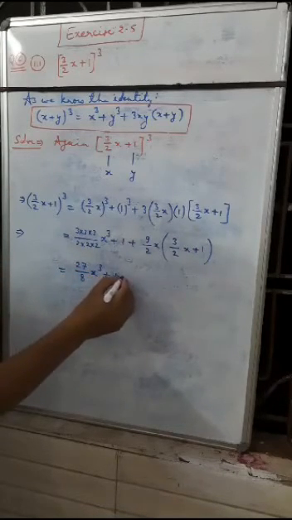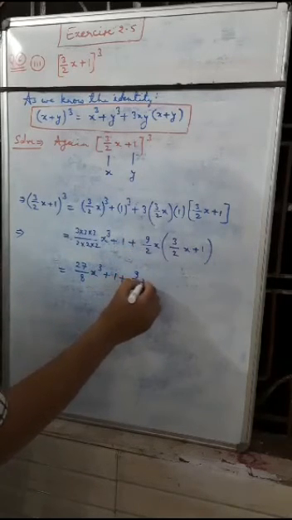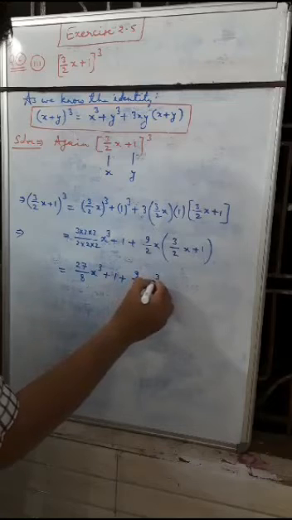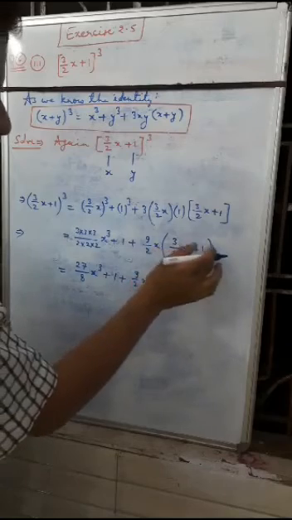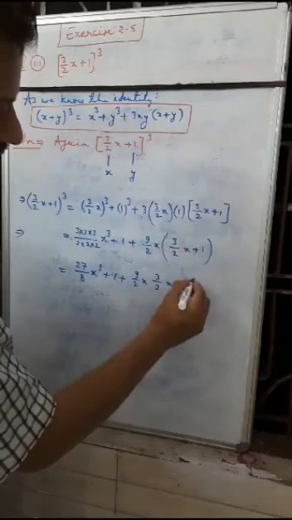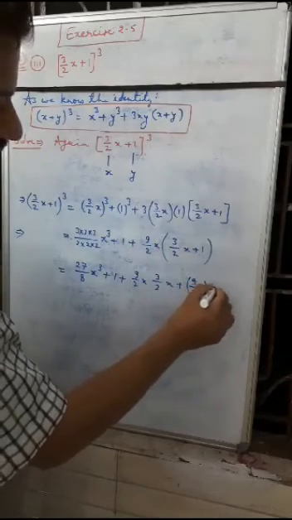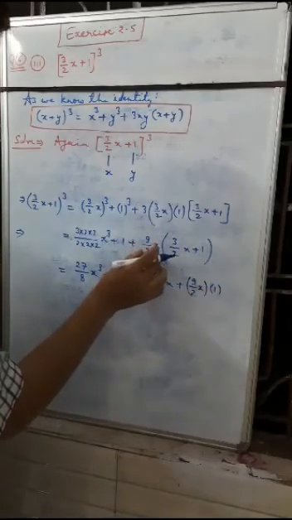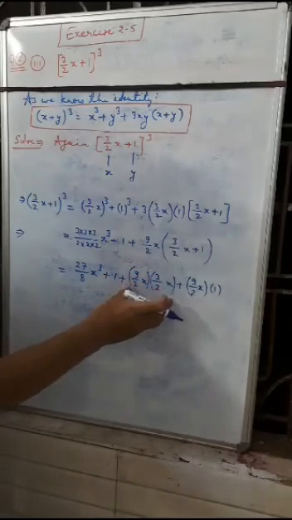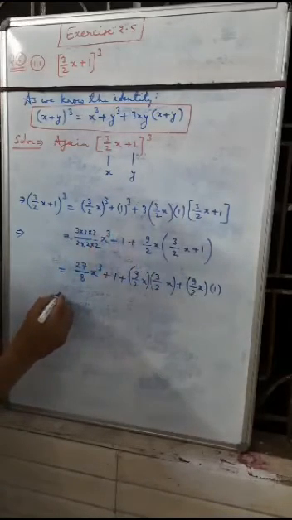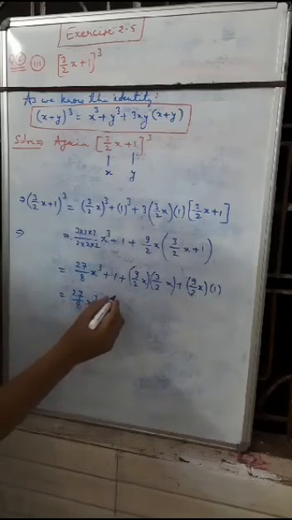Plus 1 plus, now multiply inside the bracket. So 9 by 2x will be multiplied to 3 by 2x, and 9 by 2x again multiplied with 1, so there is no effect, so we will get 9 by 2x into 1. Here we will write 9 by 2x into 3 by 2x. So we will get 27 upon 8x cube plus 1.